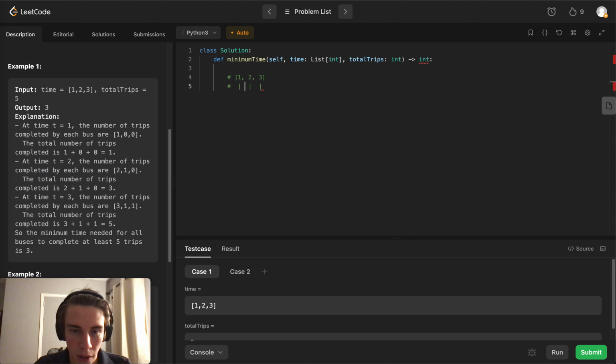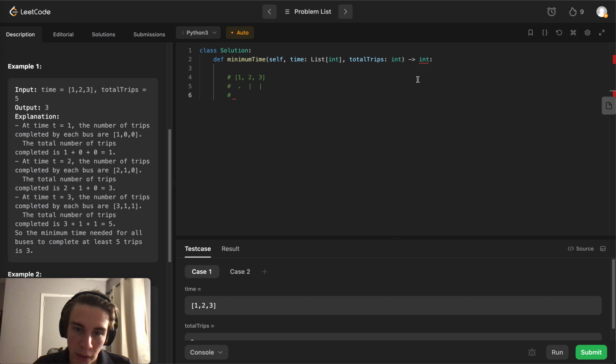Let's display the completion of a trip with a dot and a travel with a line down.